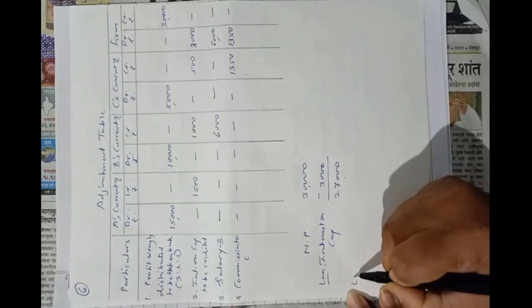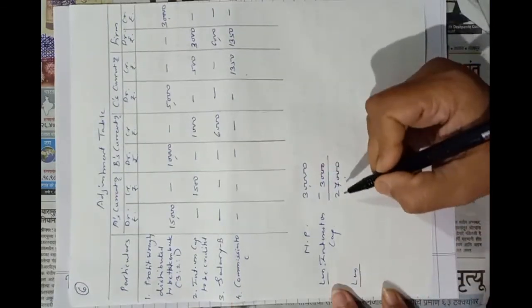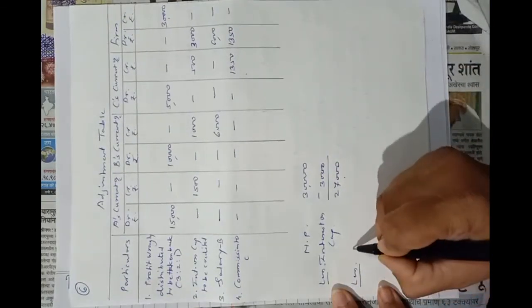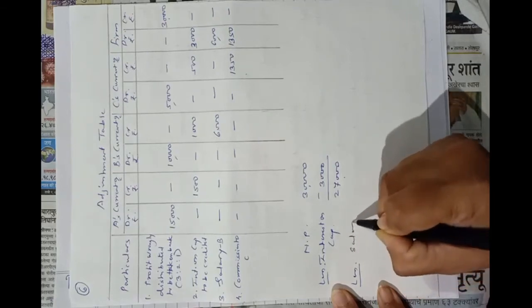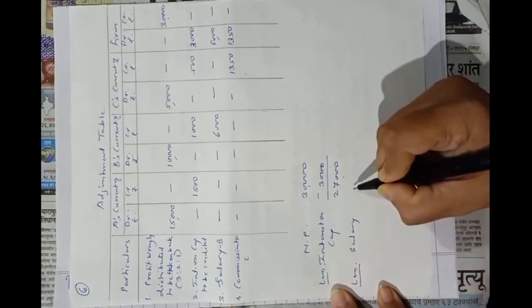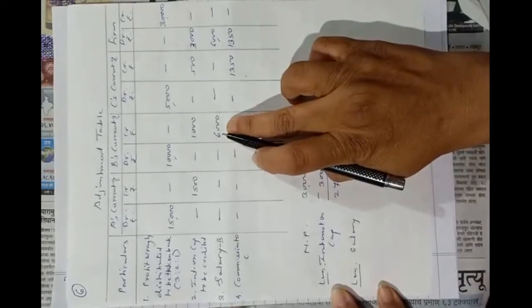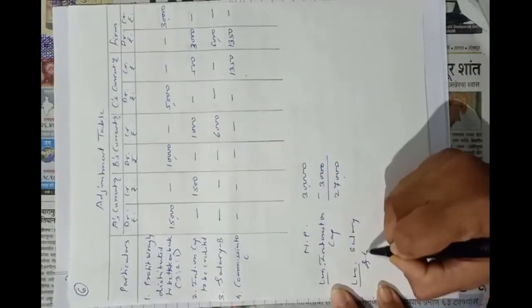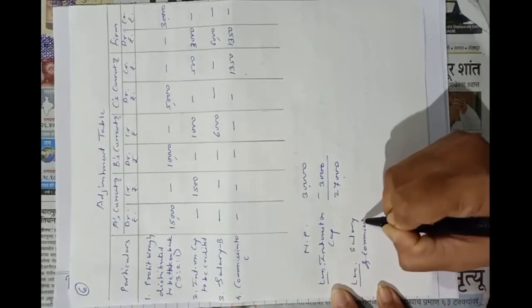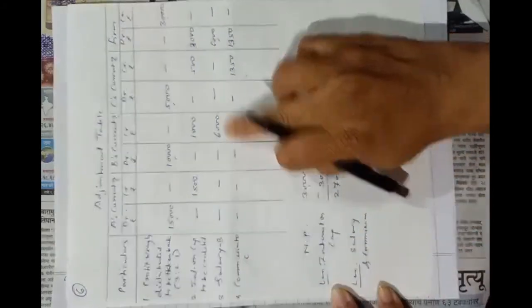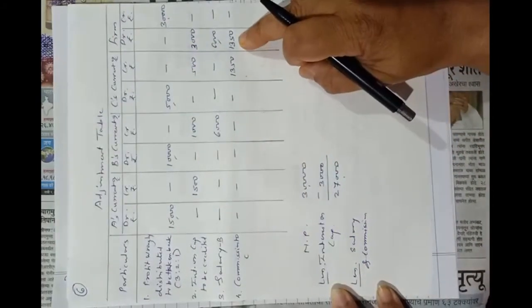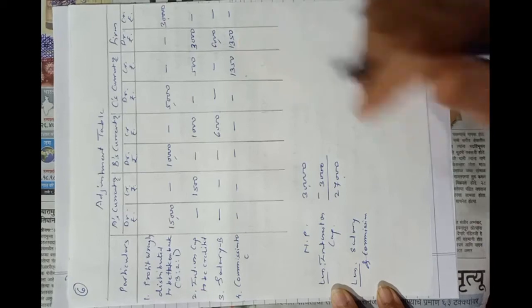We have to deduct from net profit interest on capital, salary to B 6,000 and commission to C 1350. Total amount is 7350.